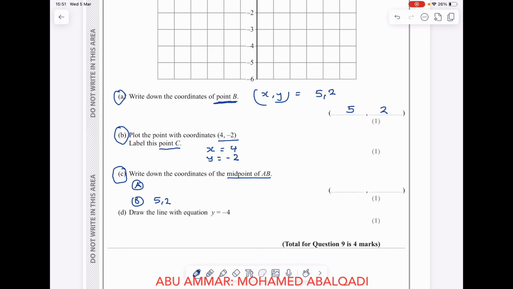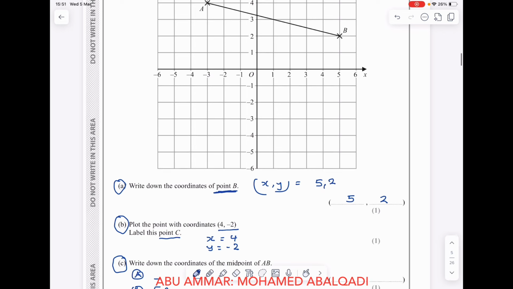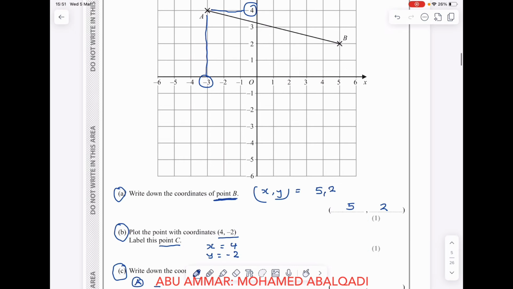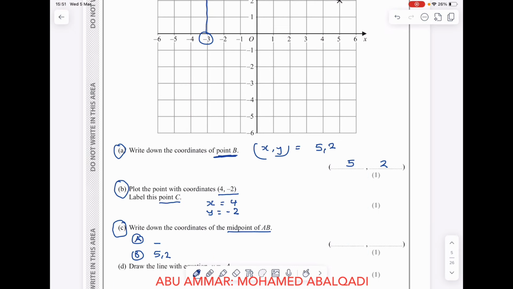To find the coordinates of point A, we need to go to the graph and see that the x-coordinate of point A is -3 and the y-coordinate of point A is 4. So we know the coordinates of point A are (-3, 4).